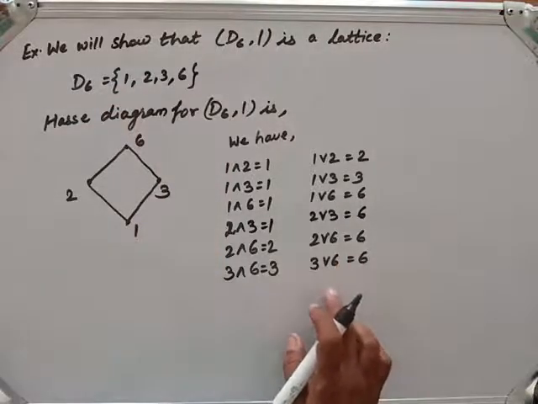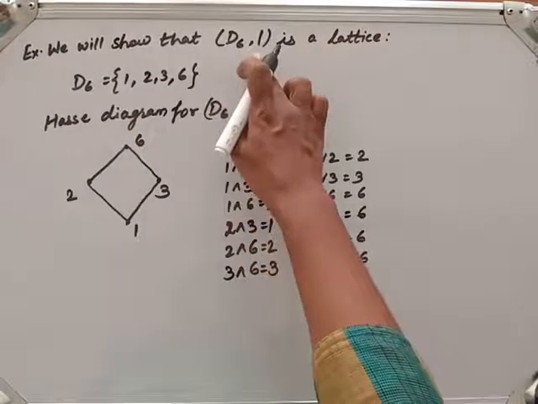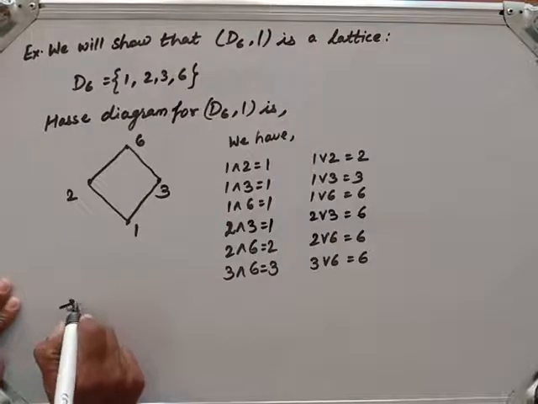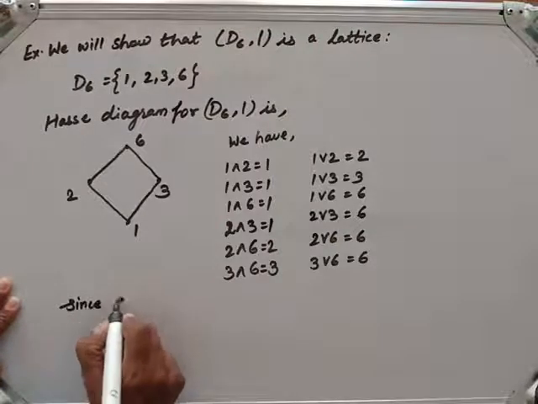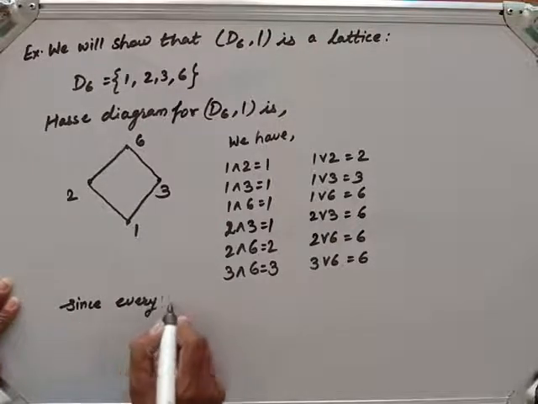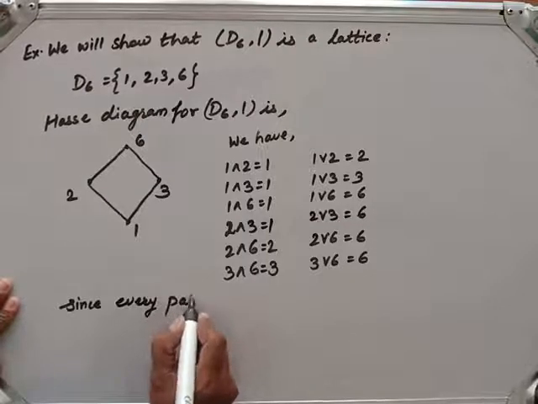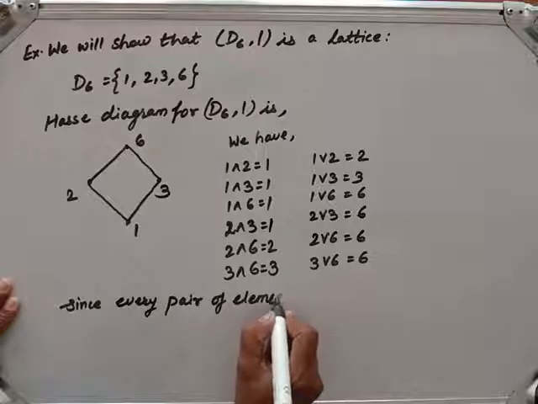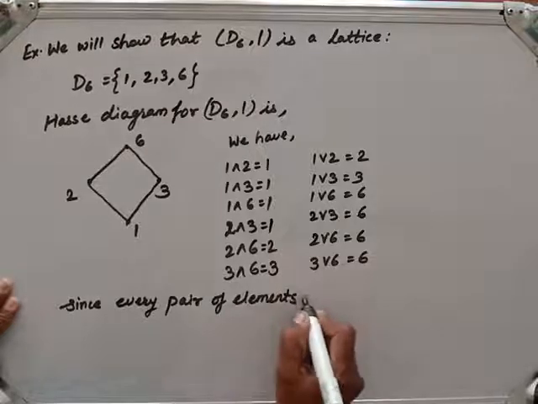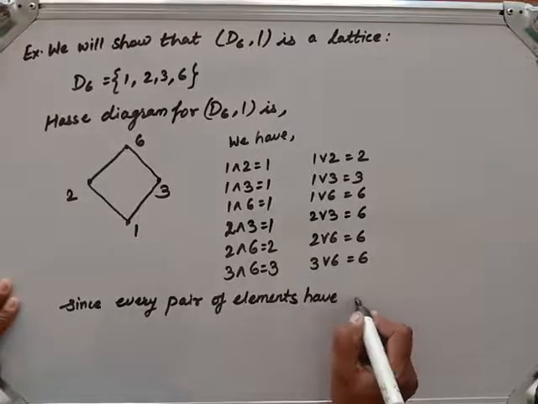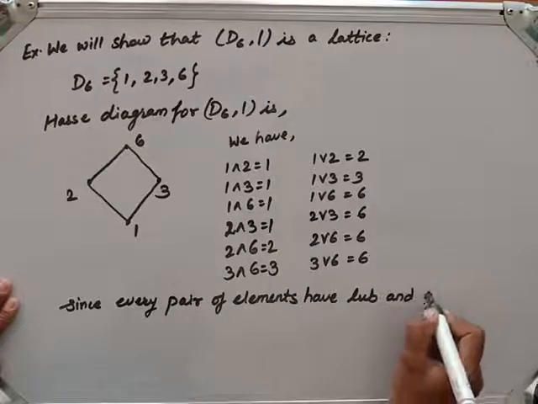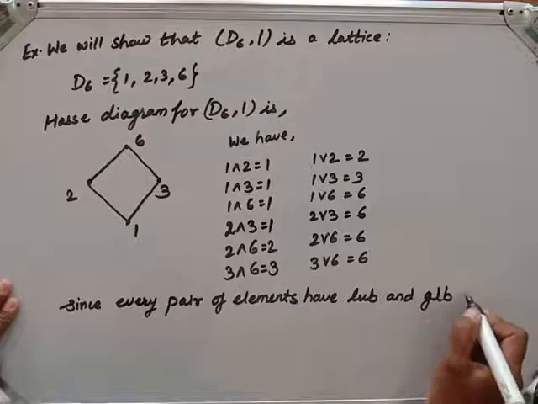So this shows that D6 with the divisibility relation is a lattice, since every pair of elements has a least upper bound and greatest lower bound.